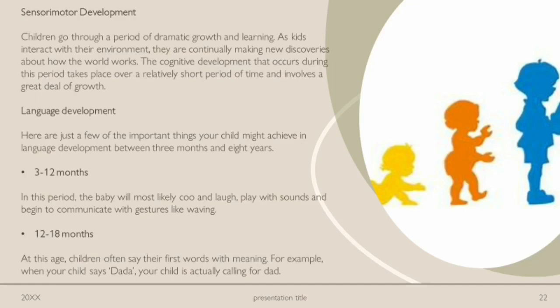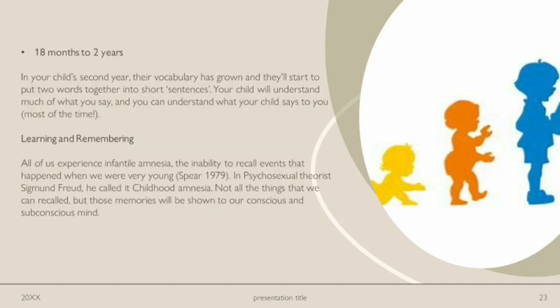Children go through a period of dramatic growth and learning. As kids interact with their environment, they are continually making new discoveries about how the world works. The cognitive development that occurs during this period takes place over a relatively short period of time and involves a great deal of growth.